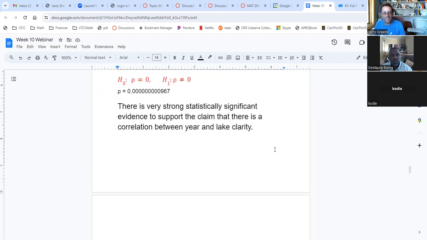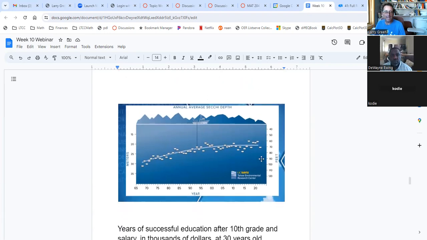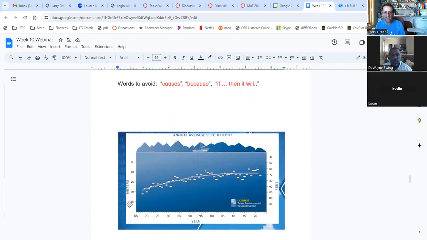It did work. I'm kind of going up ahead, but here's our newest data. Notice if you go from when they passed the law, which is around here, and look at the scatter plot post the year 2000, all of a sudden, the clarity stopped getting worse.